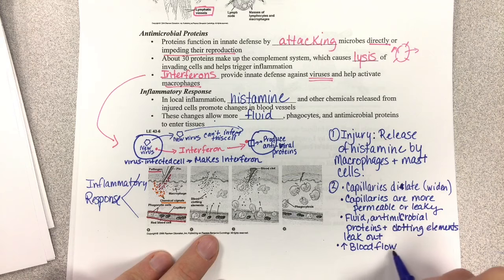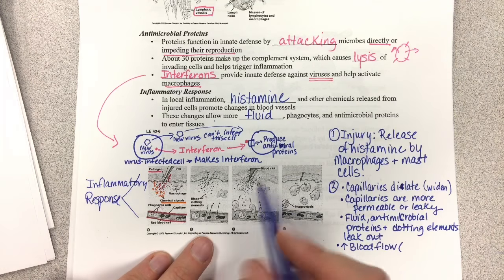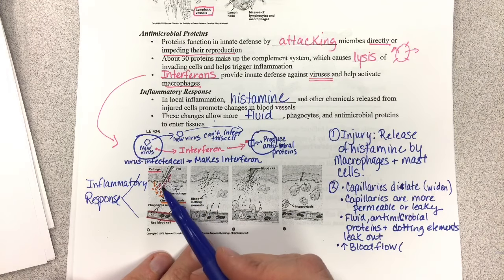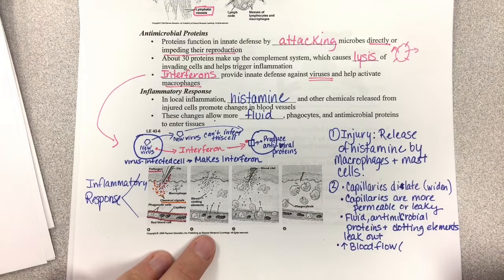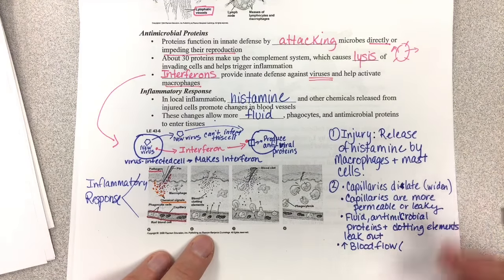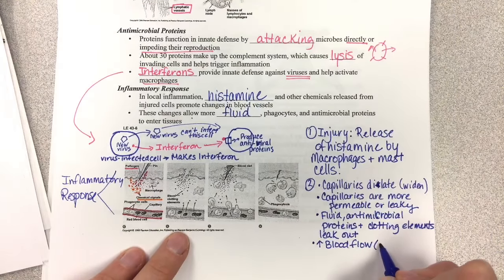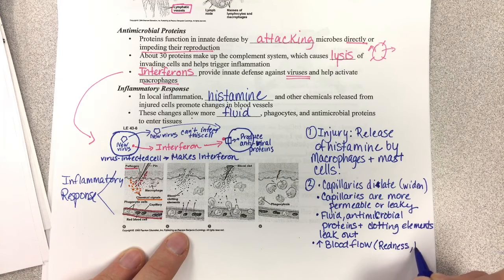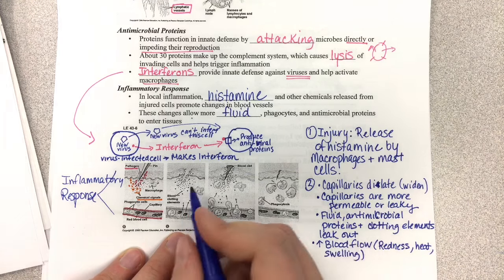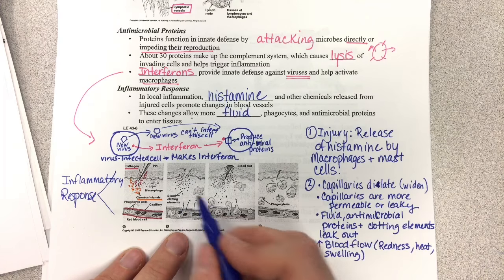So, increased blood flow, this is what causes, think about what happens if you got really picked by a pin, you often at the site of the injury get redness. It can feel warmer, you get some heat. You also get some swelling, and this is because of that leakiness of your capillaries.